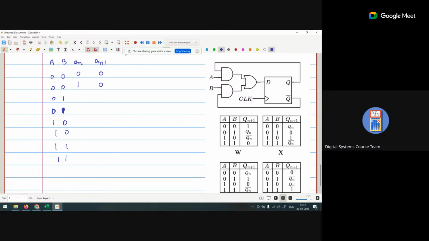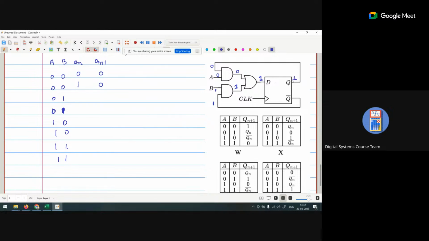For A, if it is 0, we are getting a 0 here. Now if Qn is 0, we are getting a 1 here and 1 here, so it is 1, and when it is 1, D is 1.